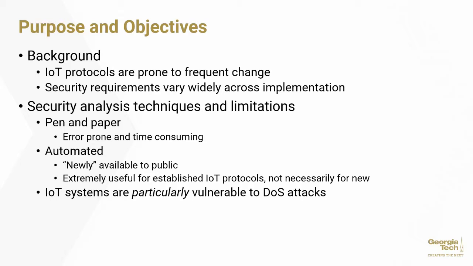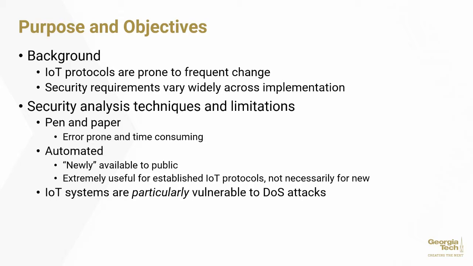That said, the difficulty in automating security testing of these protocols also stems from the fact that IoT protocols are subject to frequent change. Additionally, the security requirements may vary widely across implementations of the protocol. The authors further reinforced the quote by stating that the security of IoT systems remains one of the top barriers blocking the success of IoT proliferation.